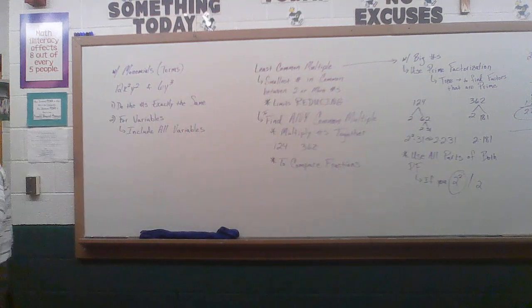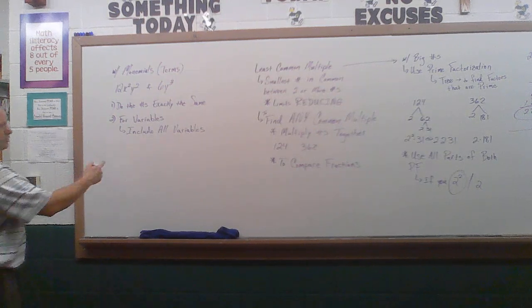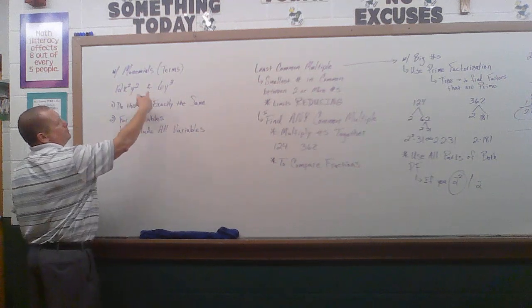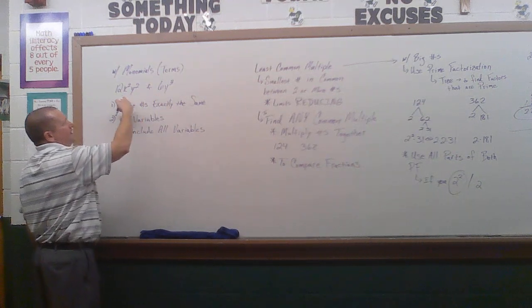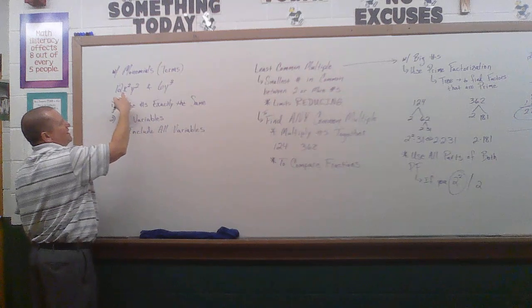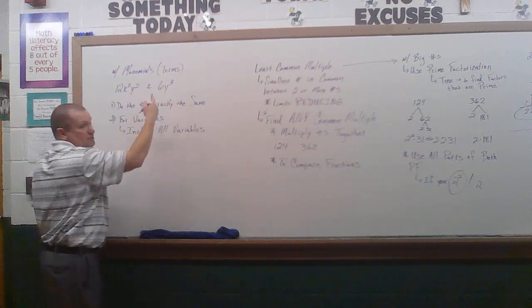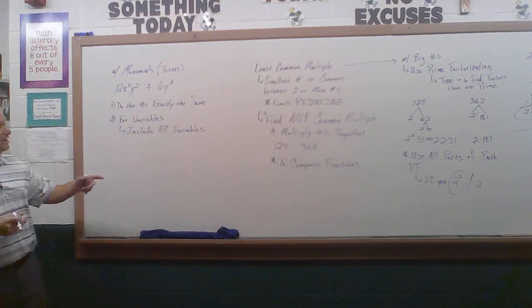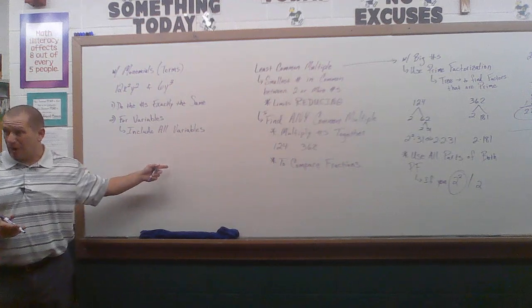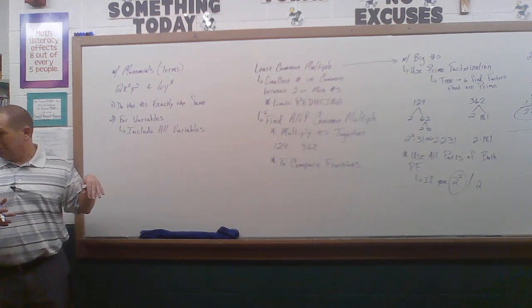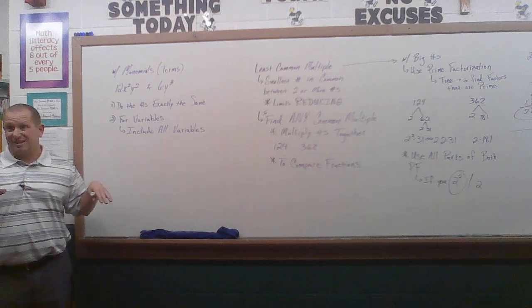If something is in the original problem, it has to be a part of your common denominator or your least common multiple. Every single variable has to be included. Okay, so notice up here in our first example, we had one monomial that had x and y. This one over here only had y. In my final answer, I better have x's and y's as my least common multiple. Okay, I can't leave anything out.